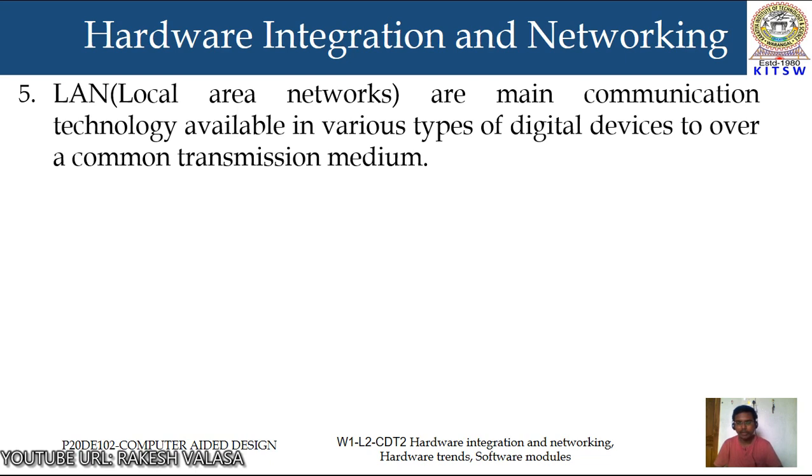Local area networks are the main communication technology available in hardware integration and networking. Here, LAN stands for Local Area Network. A LAN is a data communication system that allows various types of digital devices to talk to each other over a common transmission medium.